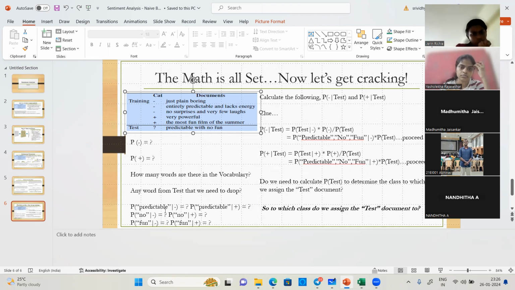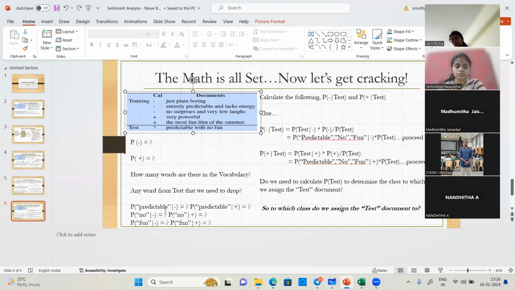Now just a question: when you calculate the total number of words in the class, if the same word occurs, say 5 times, would you count it as 5 or would you count it as 1? Remember, while figuring out the vocabulary, we counted it as 1.